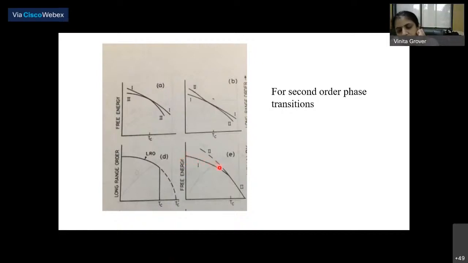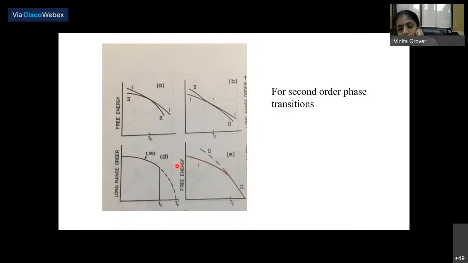It goes on happening, and at the phase transition also it is happening. I mean, there is no significant change in the GT of 1 or 2. And you extrapolate it backward. So this is your GT curve of phase 2 and this is your GT curve of phase 1.